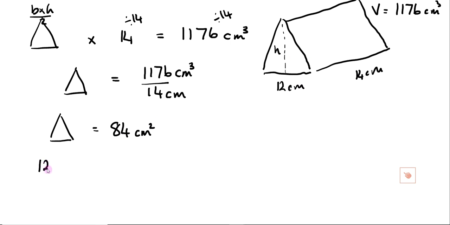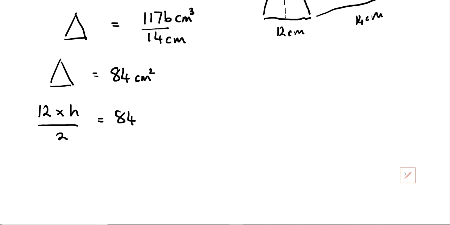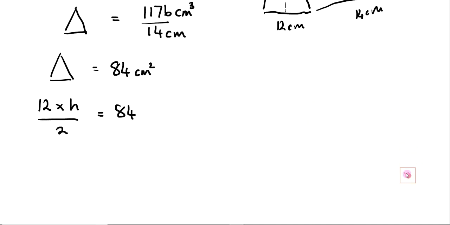So I can say 12 times height divided by 2 equals 84. What do I do? Divide 84 by 2. Nope. So think about what you would do. You do the height, times it by 12, then divide by 2, and get the answer 84.